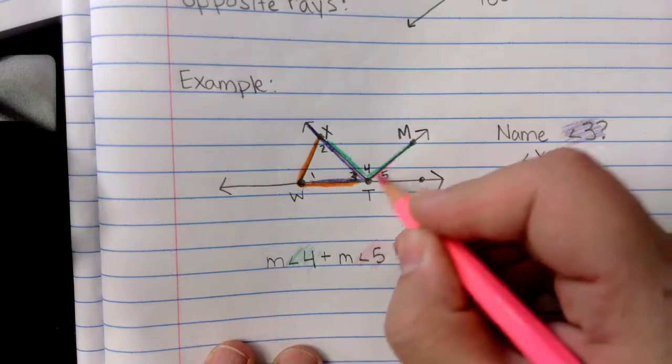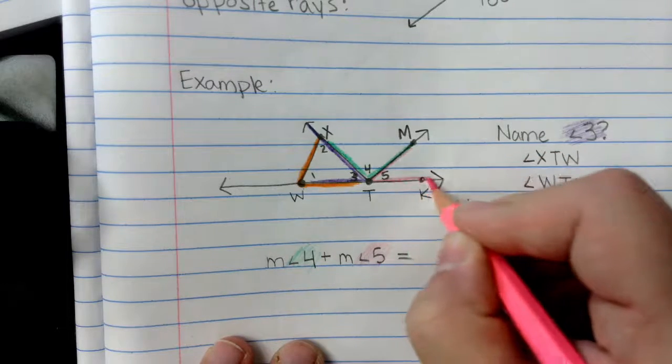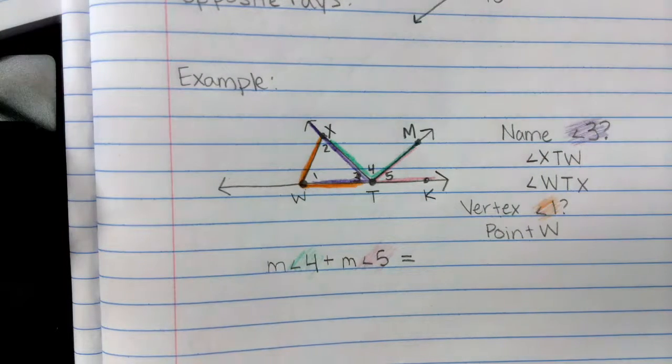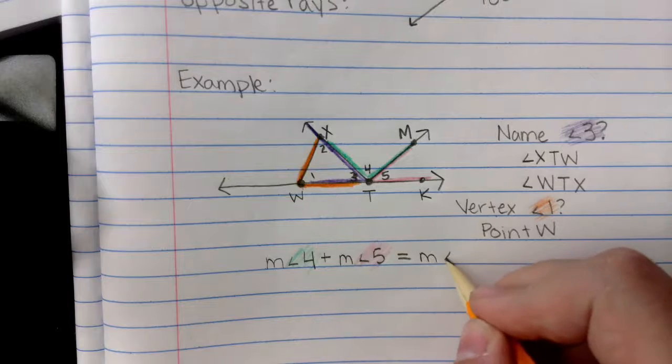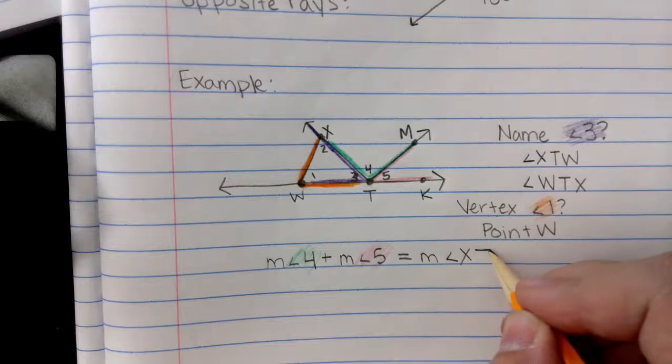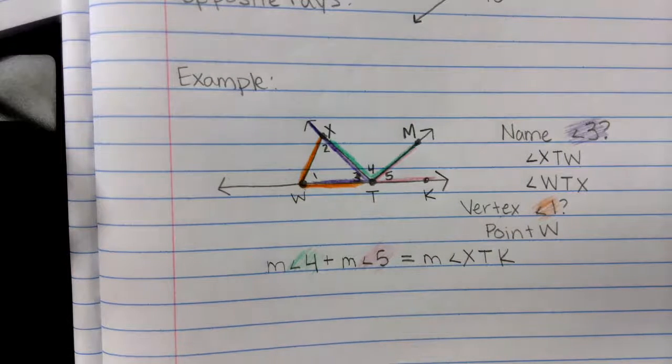So if I put that 4 and 5 together, like if I smoosh them together, they're sharing that M. What's the bigger angle that they make together? Good. X, T, K. When we talk about adding, we just have to use that measurement, but we're really looking at angle 4, angle 5. Put them together, and that creates that whole XTK.